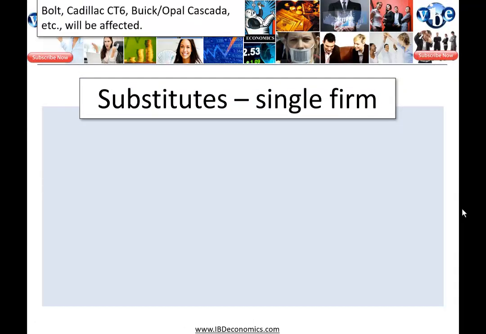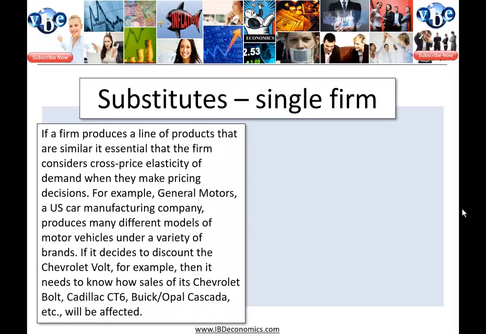Right, substitutes for a single firm. If a firm is producing a line of products that are similar, it's essential that the firm considers cross-price elasticity of demand when they make their pricing decisions. So, for example, General Motors, that US car manufacturing company, is going to produce many different models of motor vehicles under a variety of brands.